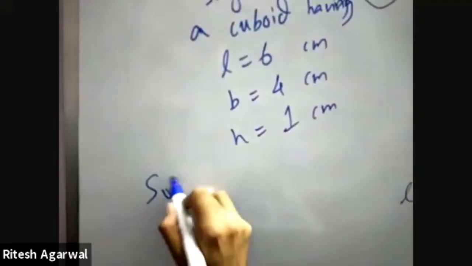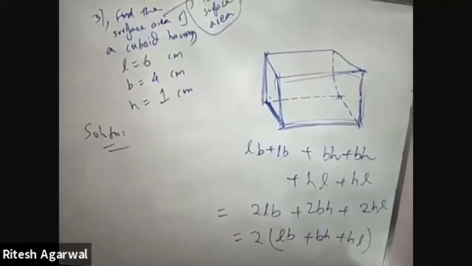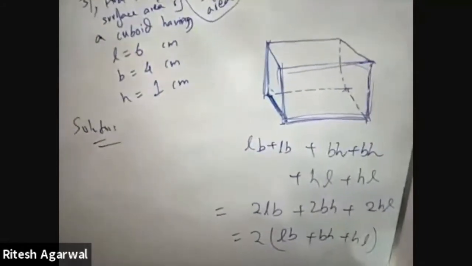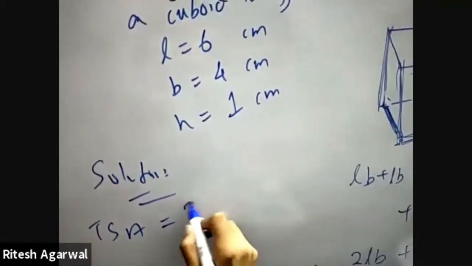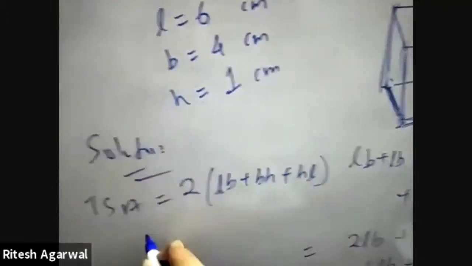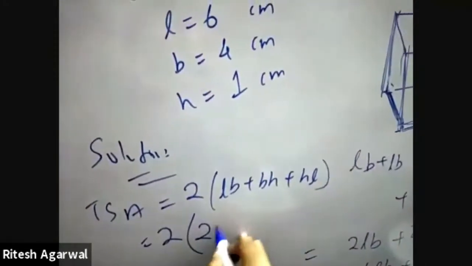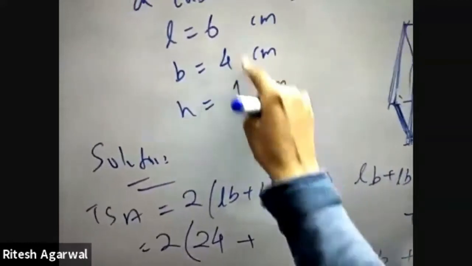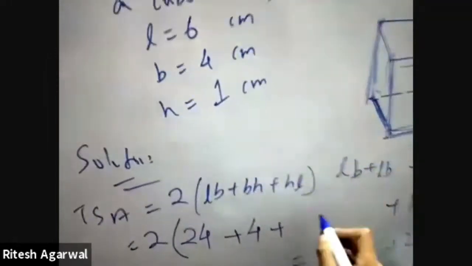So in our example, the solution will be: total surface area of the given cuboid is 2 (LB plus BH plus HL), which is twice, LB means 6 into 4. I'm writing directly, 6 into 4, 24. Plus BH will be 4 into 1. Plus HL will be 1 into 6.